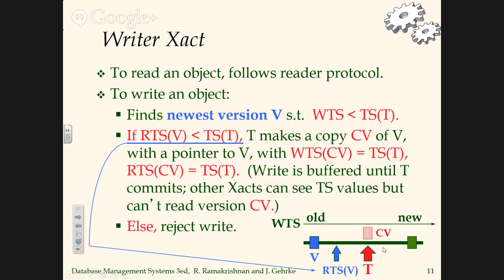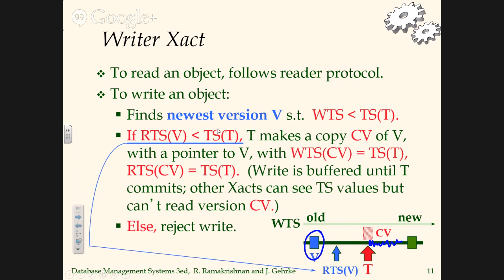Okay, so if, on the other hand, and this might be the more complicated case, the read timestamp is smaller than your timestamp, that means you found a version that was in effect, which is the blue version, and you just discovered that nobody read it here.